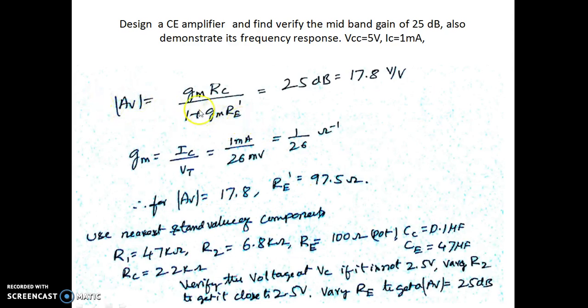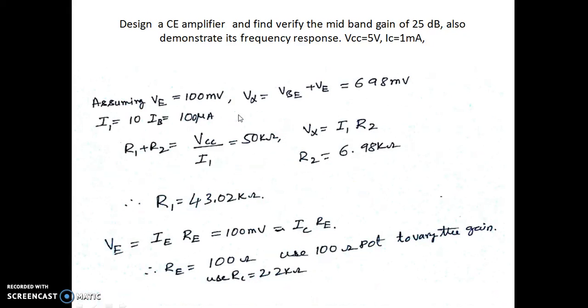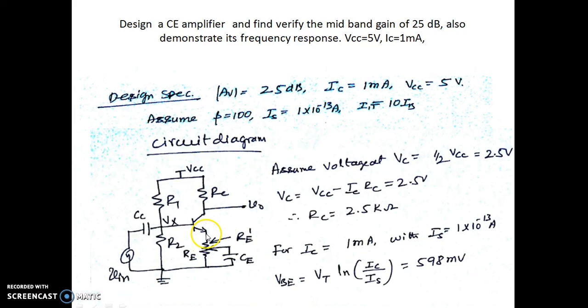Now you can see we know the expression for AV is given by gm into RC divided by 1 plus gm into RE dash. So this RE dash is that part of the emitter resistor which is not bypassed by the capacitor CE. Here the entire resistor is RE. You can see this emitter capacitor is bypassing some portion of RE, and it is not bypassing some portion of RE.